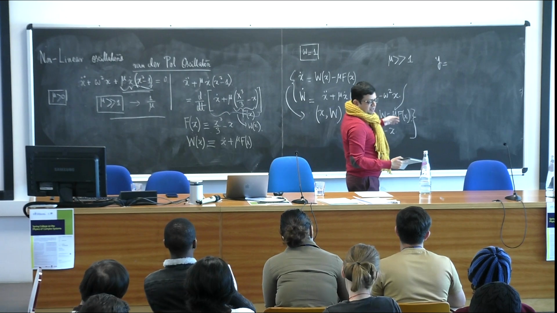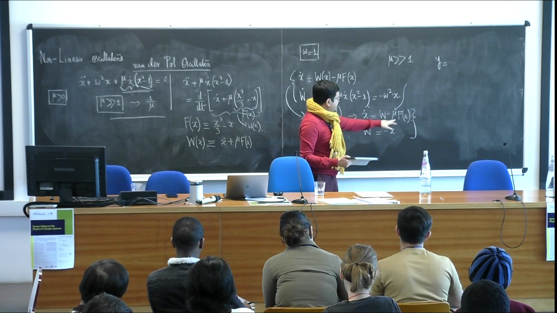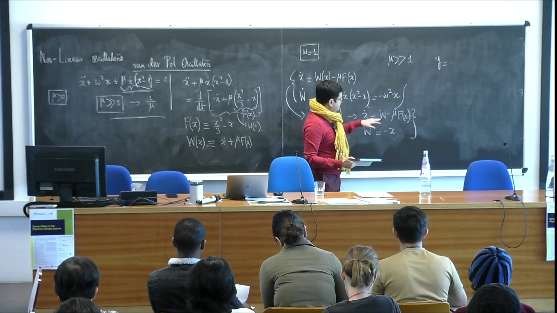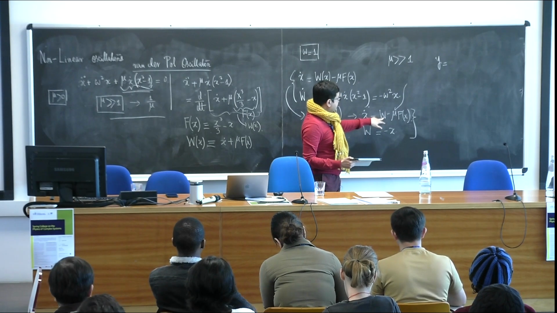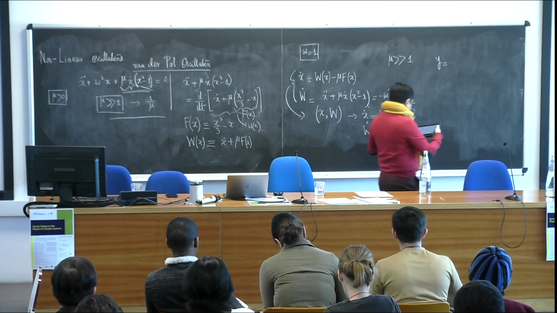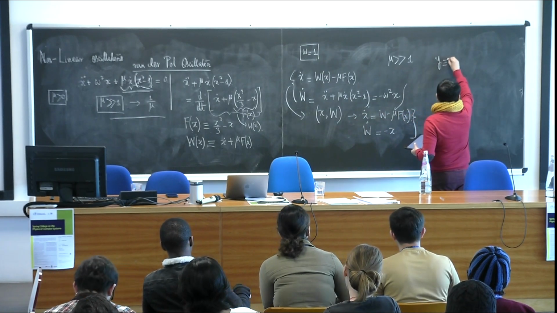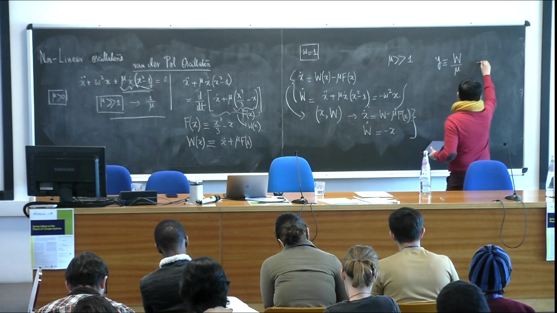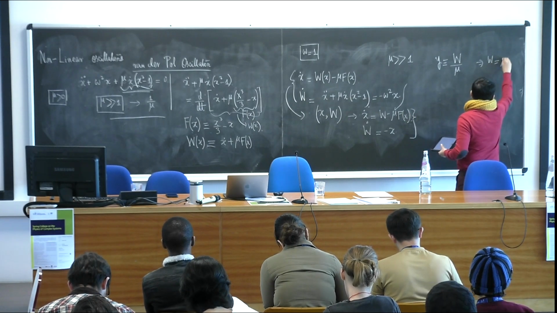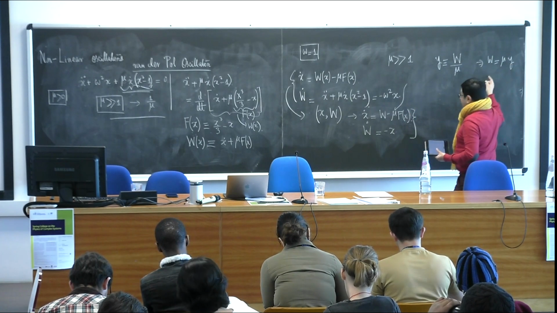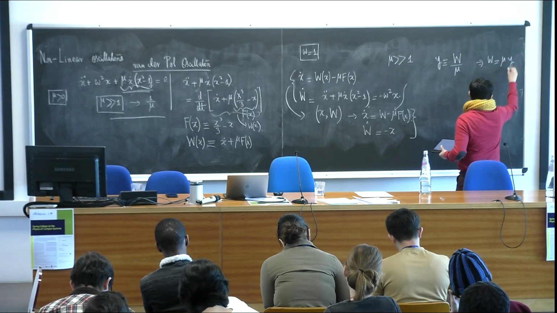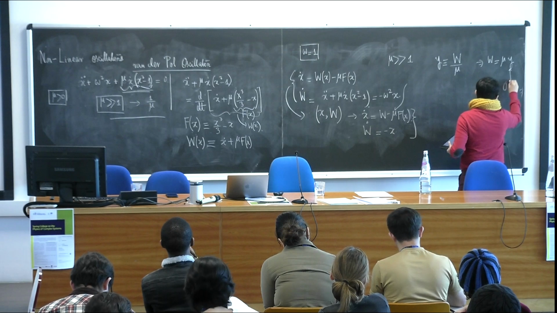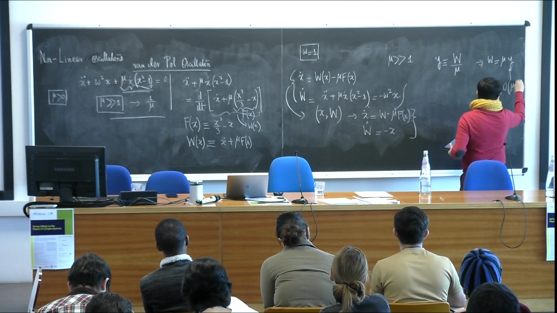Okay, w also has to scale with mu, because otherwise this second term will dominate over the first term, so I may as well ignore the first term. So I need to consider large values of w. So what I do is that I define a new variable y, which is w by mu, which is to say that w is equal to mu y. If I write it this way, can somebody tell me what this quantity is of, like it is of order mu to the which power?